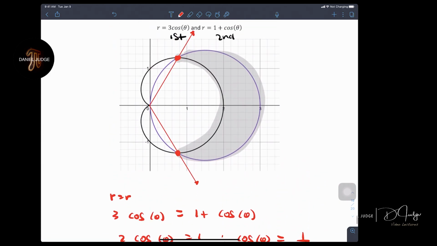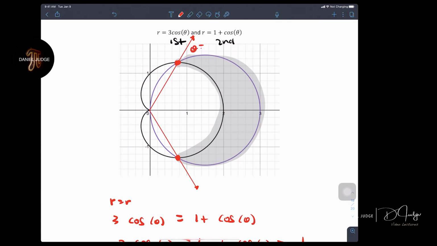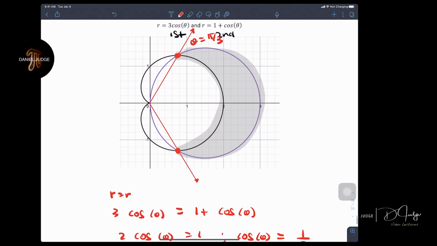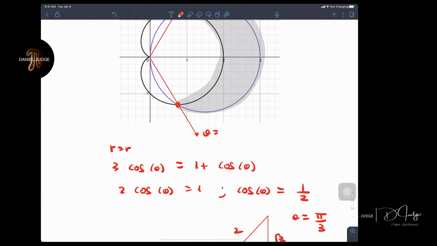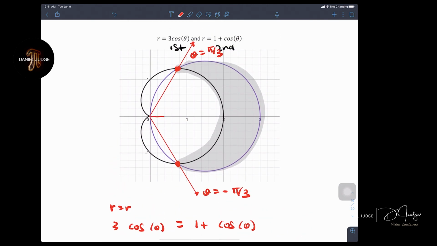Okay. So that means theta is pi over 3 here, and I can say theta is minus pi over 3. So what I think I'll try, yet again, is theta will be 0 here. A1.